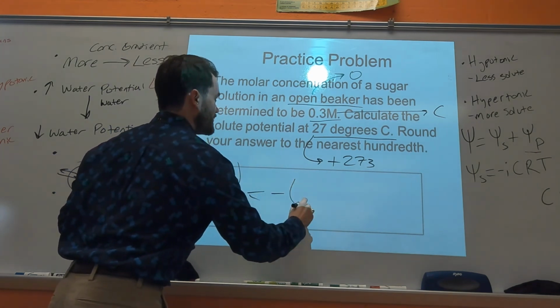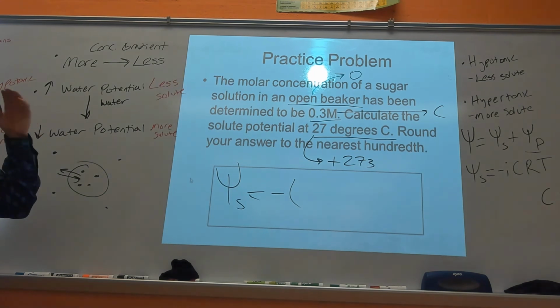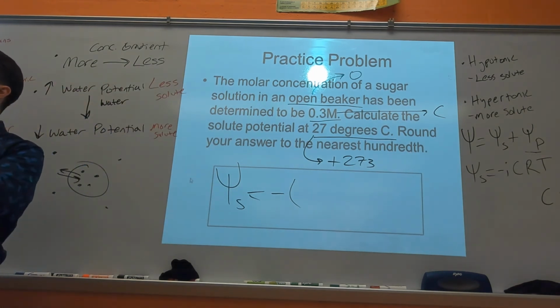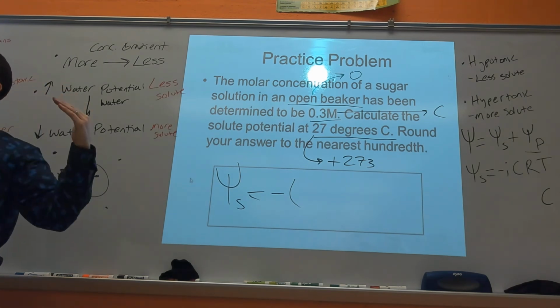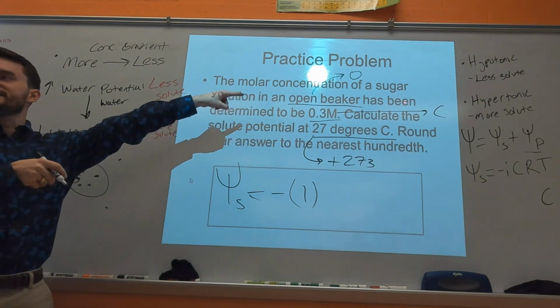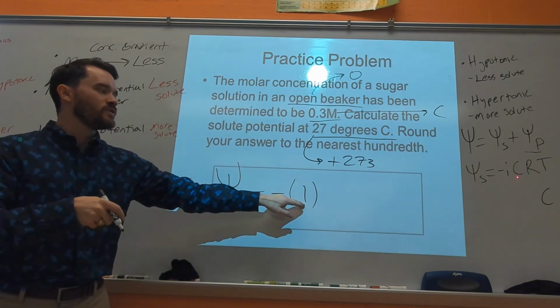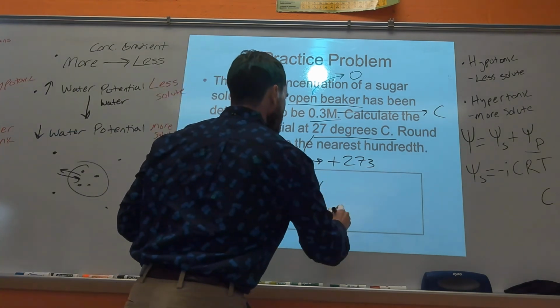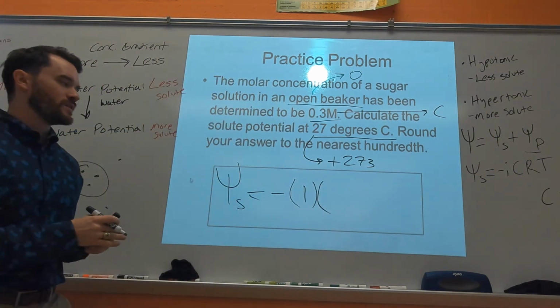Well, what is my i here? If I'm working with sugar, how many parts does sugar break up into when you put it in water? Just one, because it's not ionic. It's not going to break apart into multiple. Now, if I said this was NaCl, this i would be 2. And then C, they give you C, 0.3 molar.